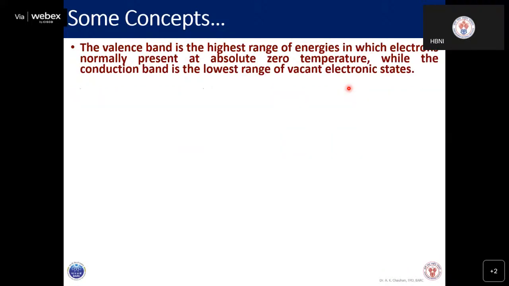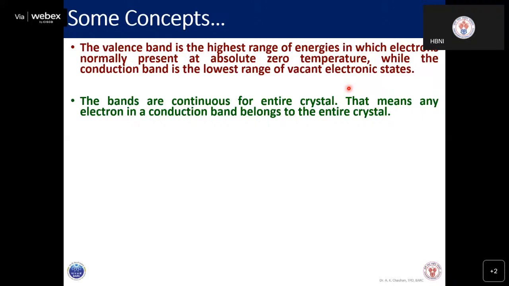The valence band is the highest range of energies in which electrons can normally be present at absolute zero temperature, while the conduction band is the lowest range of vacant electronic states. The conduction band is normally vacant at absolute zero K. The bands are continuous for the entire crystal.